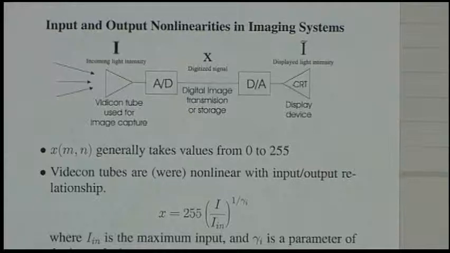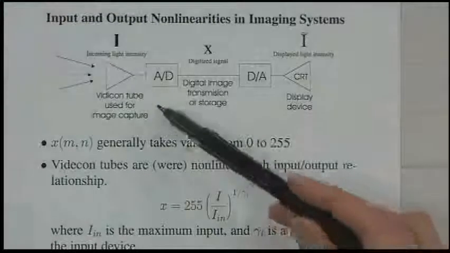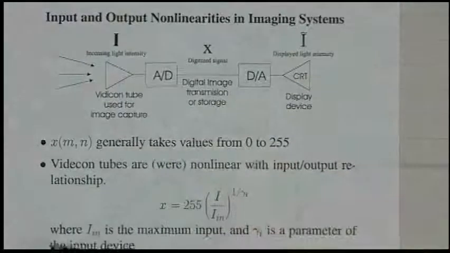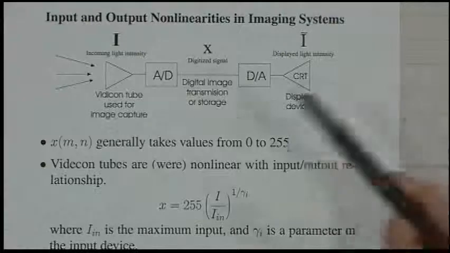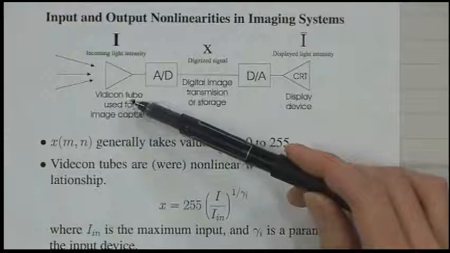Now, this idea of gamma originally came from the hardware technology that was used for video capture and video display. The way we used to take videos, the physical device that would capture the light and convert it to some sort of a signal that we could store was called a Vidicon Tube.